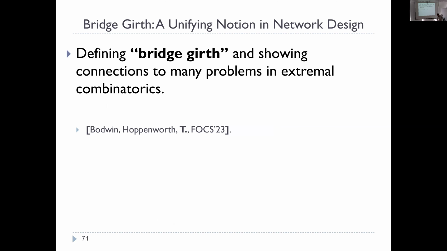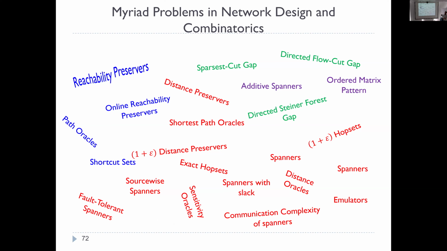Now, what do I mean by that? In extremal combinatorics, you have many problems, on undirected graphs, directed graphs, and more. Typically the goal is to find bounds on the sizes of objects that satisfy those problems.